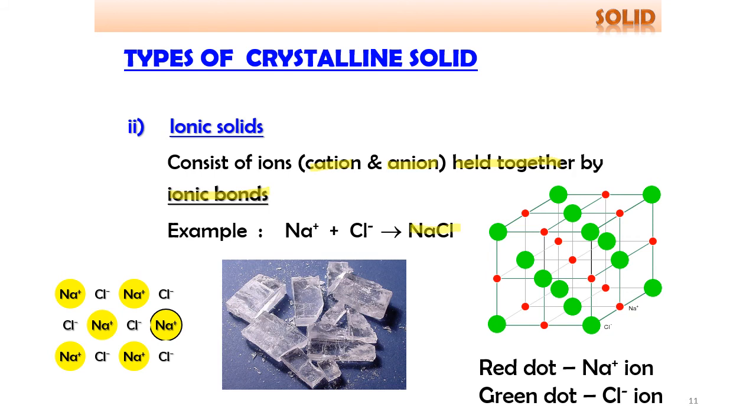NaCl is a formation from Na+ ion and Cl- ion that are held together by ionic bond. So you can see this is the structure. The NaCl structure is arranged in an orderly manner.